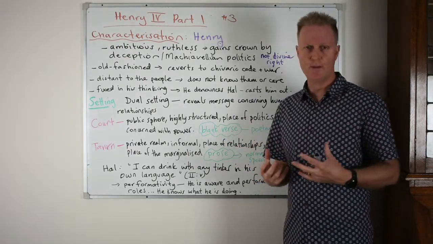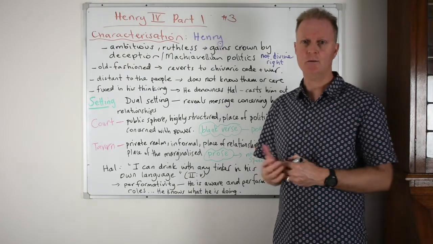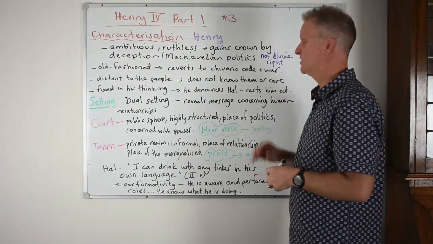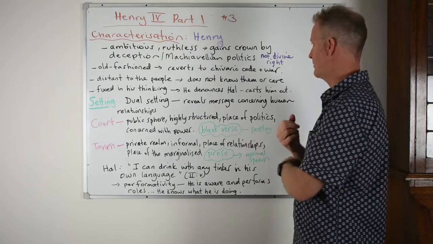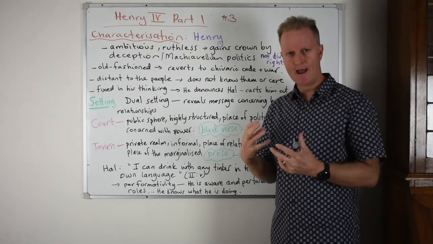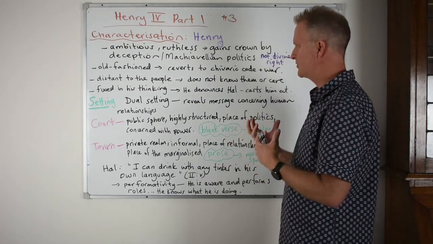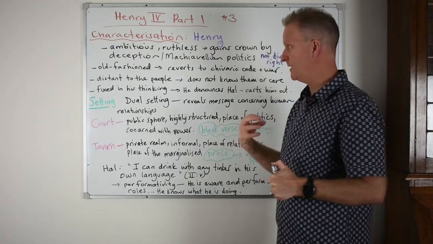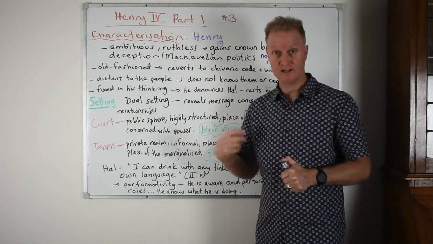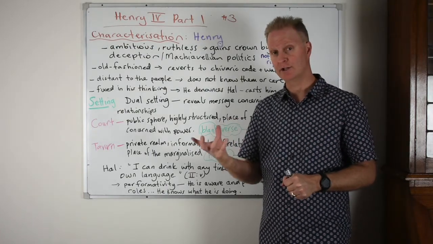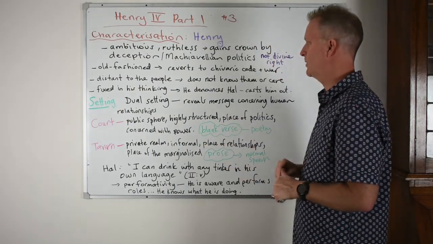So his use of Machiavellian politics enables him to garner the support that he needs to dispose of the king and claim the throne. So that sets him up as an interesting character to explore, whether he has the right to be the monarch, and so that really feeds that notion of leadership and what makes a good leader in the play.